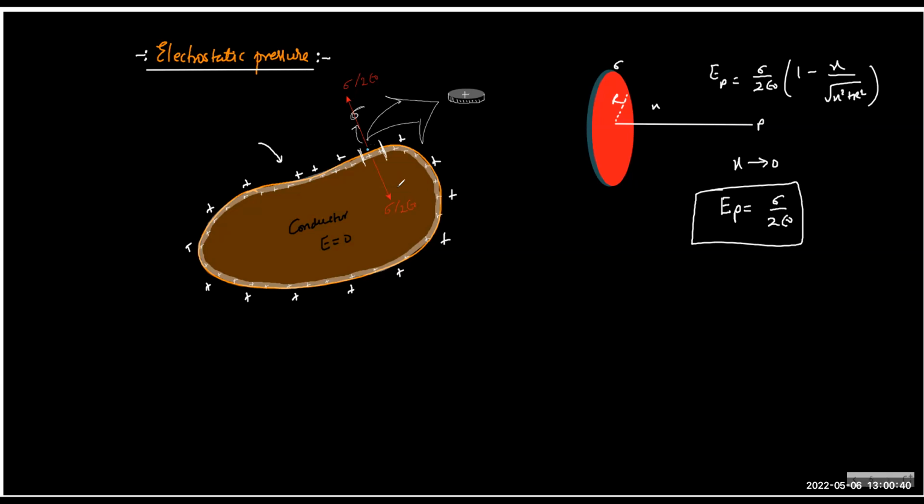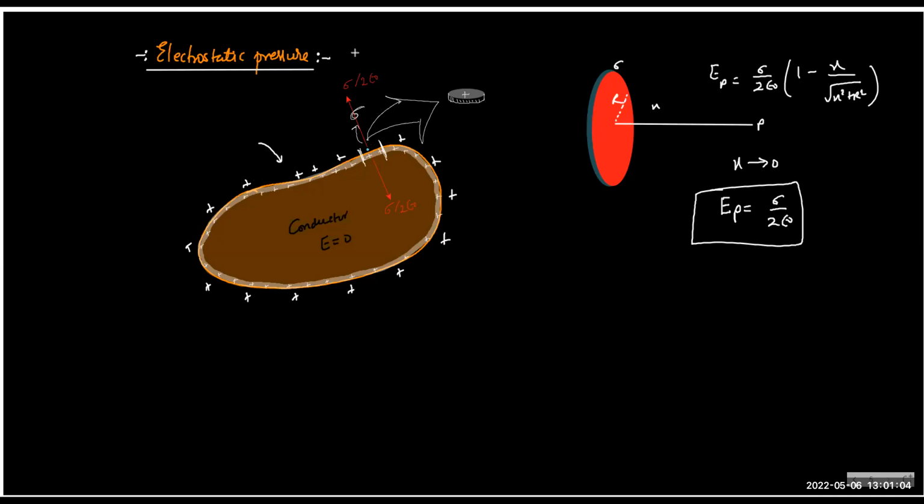Now the question is how to get the electric field due to the conductor, which means if you want to find the net value, what is going to be the net value of electric field? The net value we can only calculate using the Gauss law, because Gauss law only talks about the net value, not the individual value, right? Yes, sir.